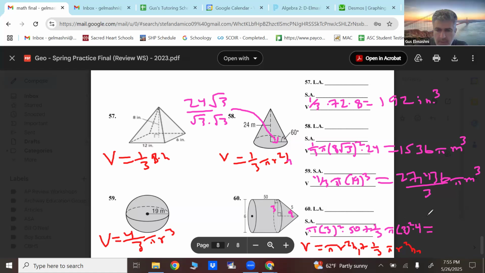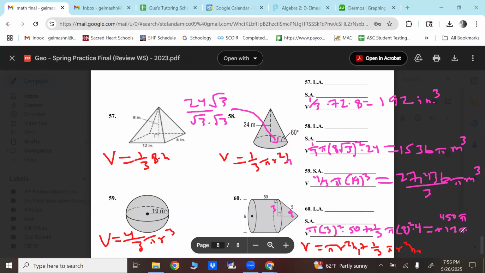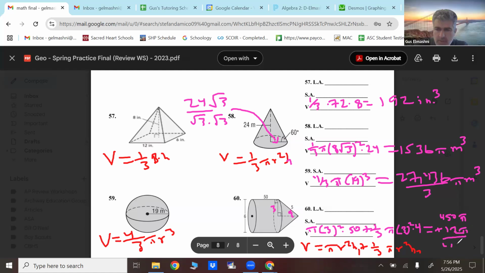So if we work it out, that's 450 pi plus 12 pi, I think. So you have 462. There's no units there, so 462 pi.